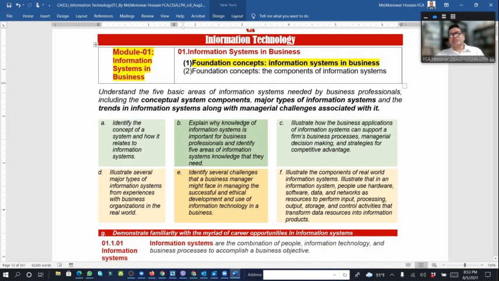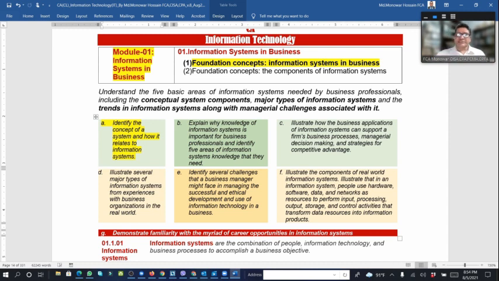Within information systems in business and the components of information system, the basic idea is that if we study the chapter, we will be able to identify the concept of a system and how it relates to the information system. We will also be able to explain why knowledge of information systems is important for a business professional, because everything we are learning should be aligned with the business purpose and operation.